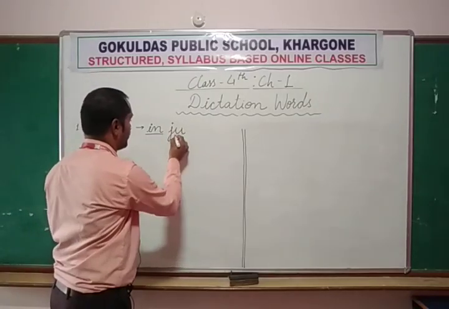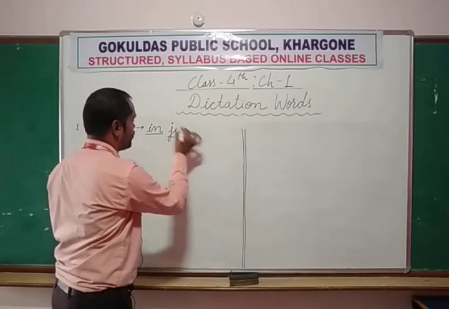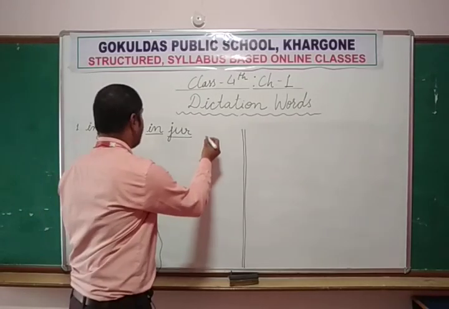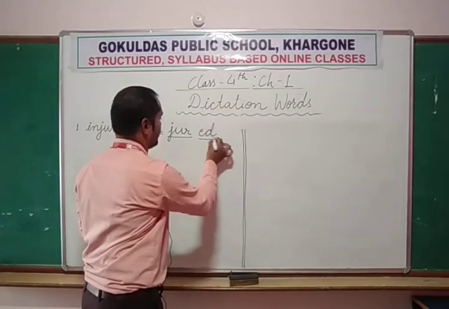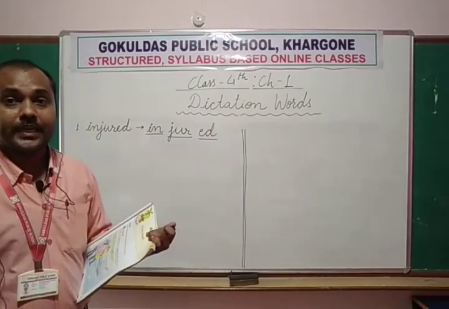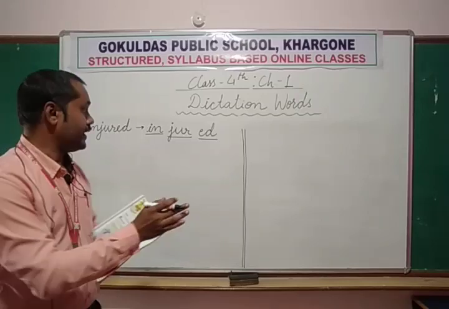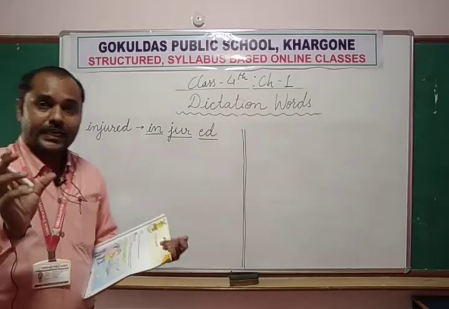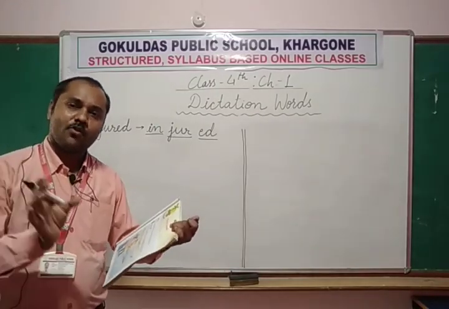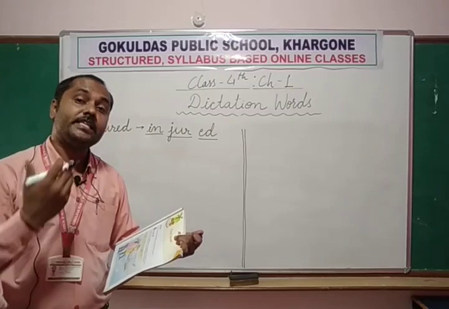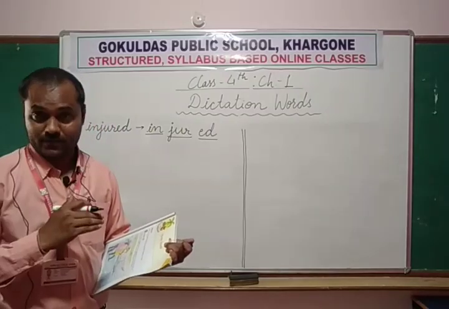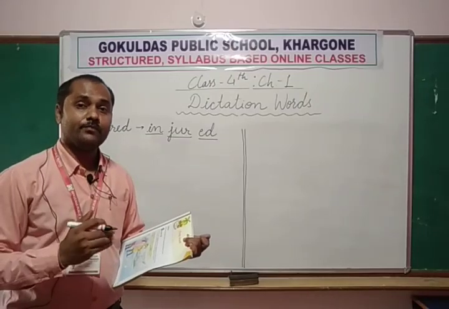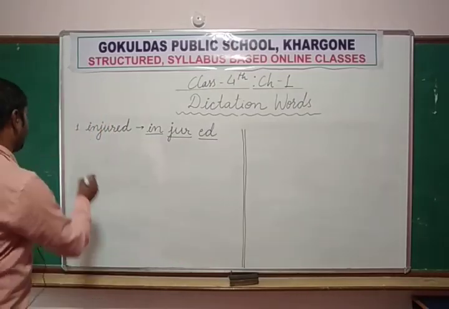JU, JUR. Jur. Injure. ED. Injured. So how do we pronounce this word? Injured. So we can divide the long spellings into small syllables. Then easily we can remember the spellings. Okay, this is how we need to learn the new words and memorize them. This is the correct method.